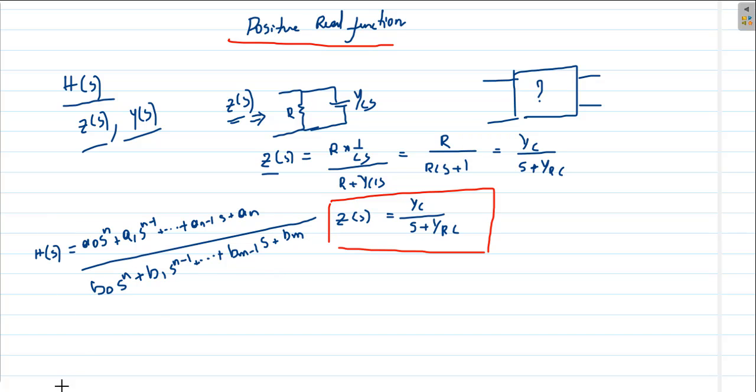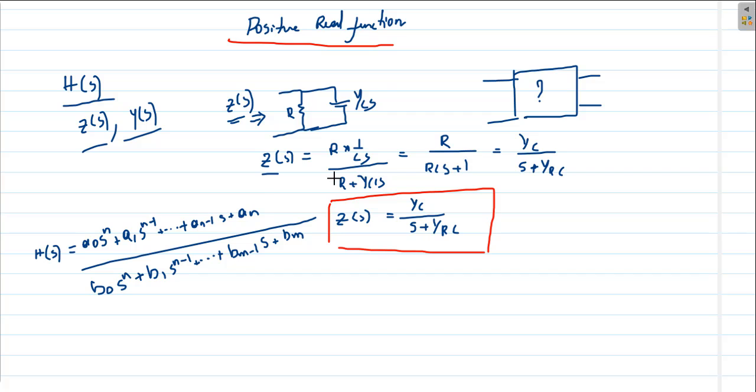This is the positive real function in general, which may be an impedance or admittance. For a function to be a positive real function, it should satisfy a few conditions.